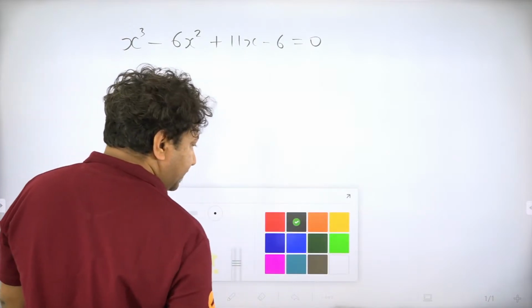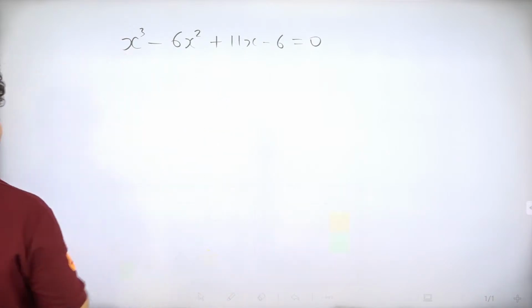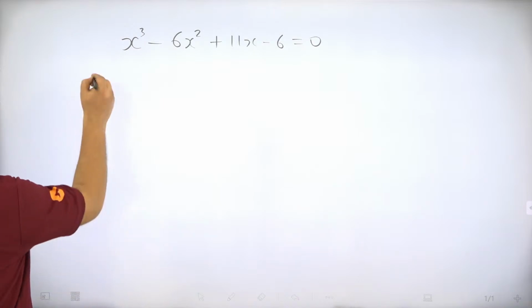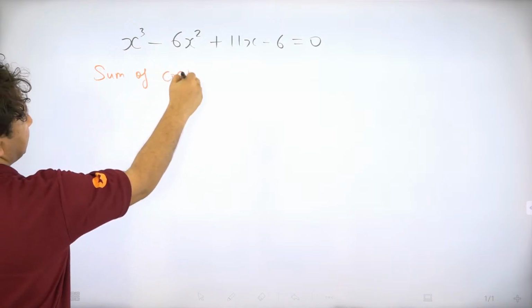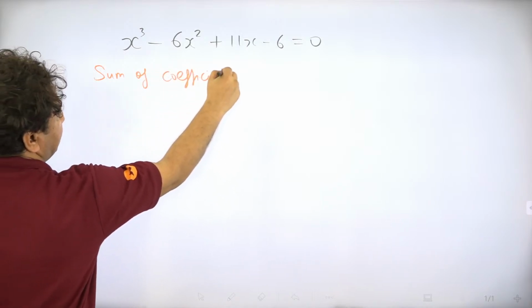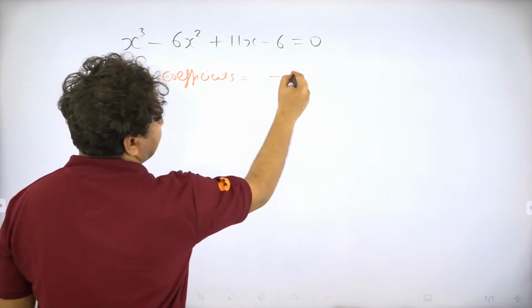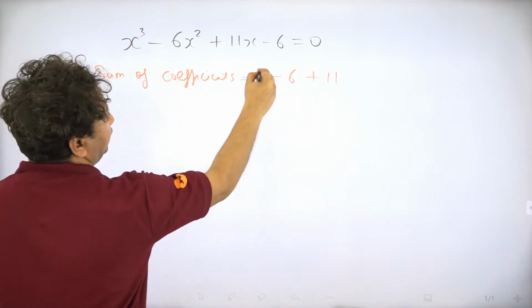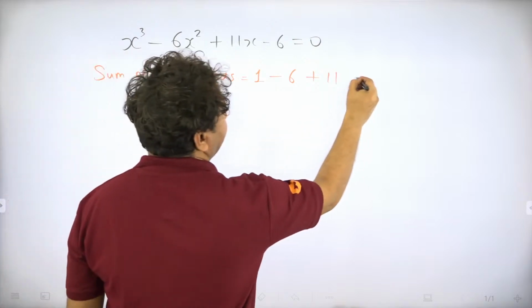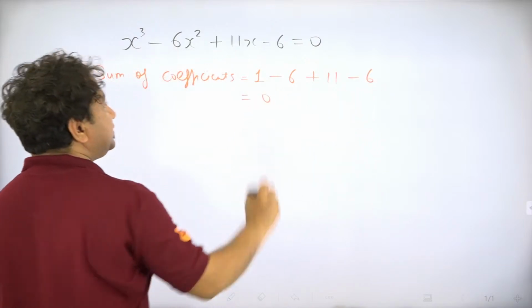To find the roots, there are certain rules that we need to follow. The first rule is that we will try to look at the sum of the coefficients and the constant term. The sum of coefficients here is 1 minus 6 plus 11 minus 6, which is equal to 0. What does that mean?